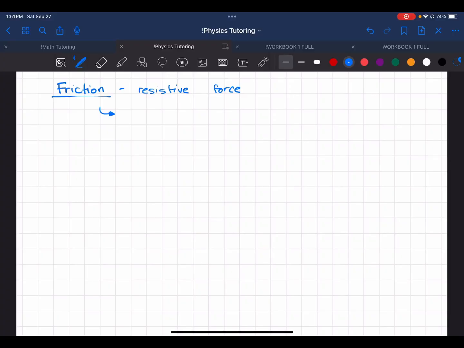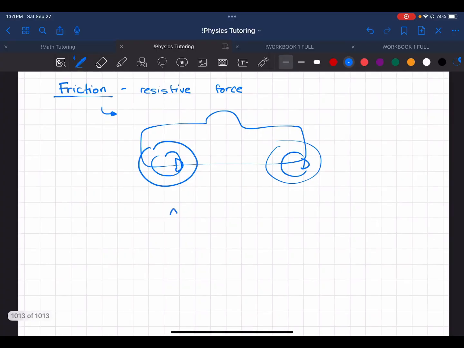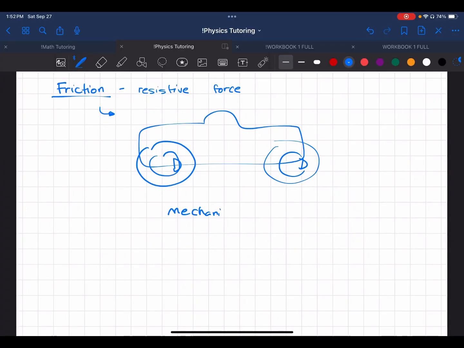Like in a car, we use friction to stop it. It has brakes right there. So when you press the brake, it converts mechanical energy to pretty much heat, right? Like heat is pretty much friction itself.